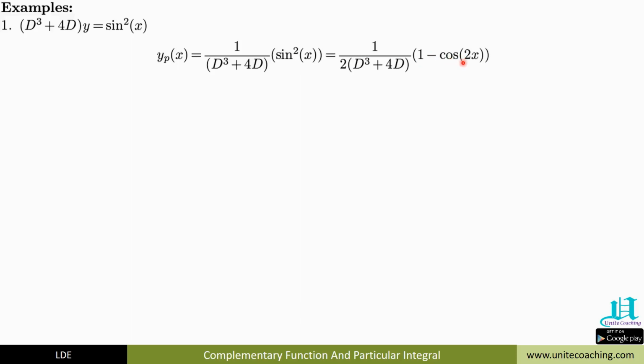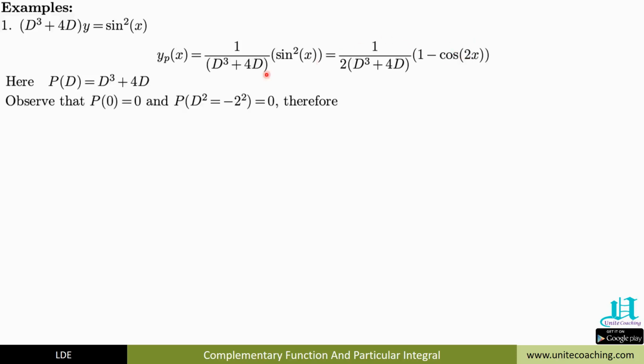For the first part of this f of x we need to replace D by 0, and for the second we need to replace D squared by minus 4. So what we get here is p of 0 is 0, and p of D squared equal to minus 2 squared is also equal to 0.